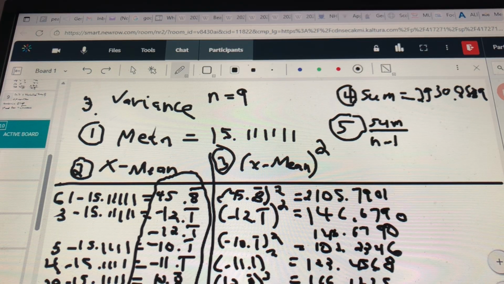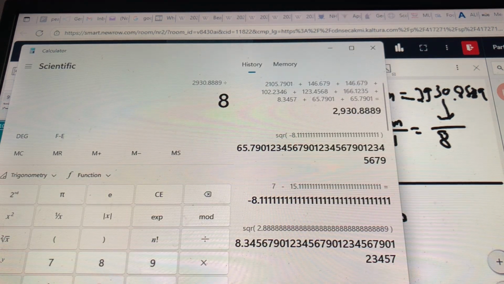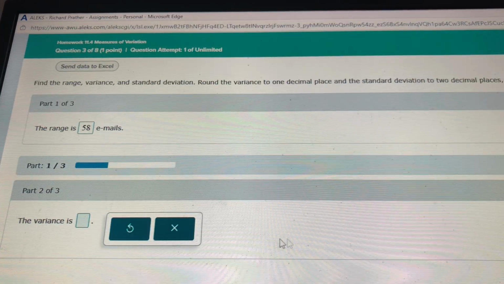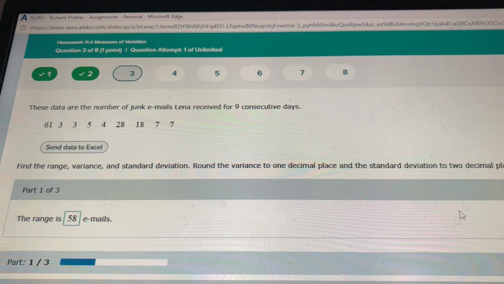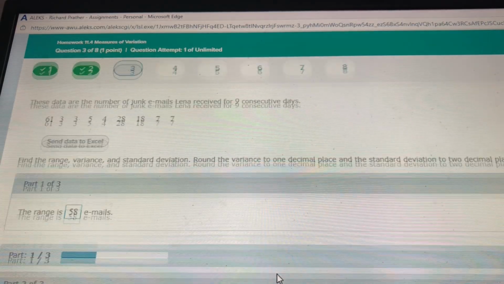Usually it's n minus 1, but sometimes you divide by 9, but that's when you have the whole population. So I'm going to take this 2930 number and divide by 8. You always divide by 1 less than you divided the mean by. So divide this by 8, and this is the variance. Round to 2 decimal places. So 336.36.